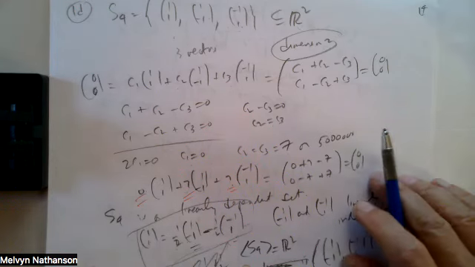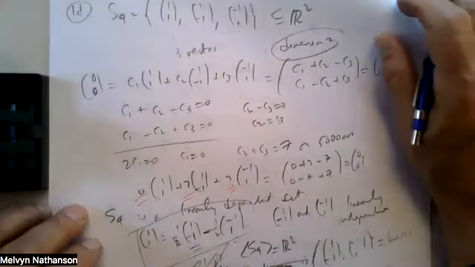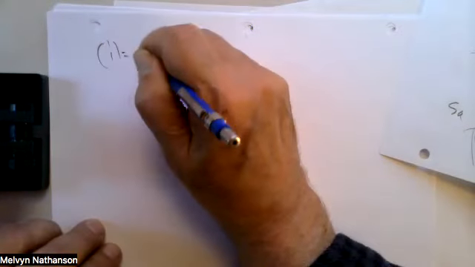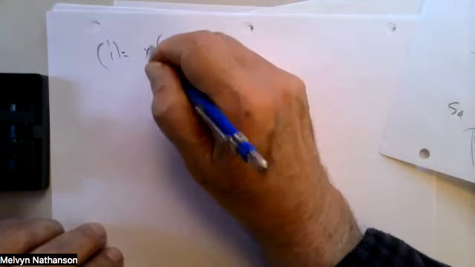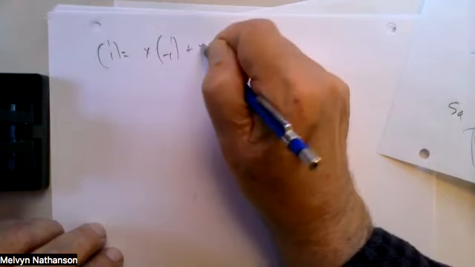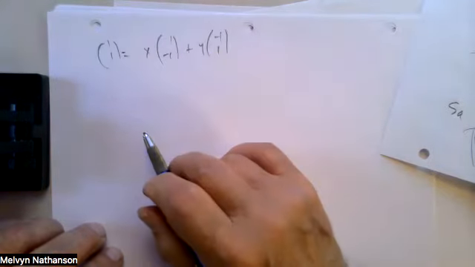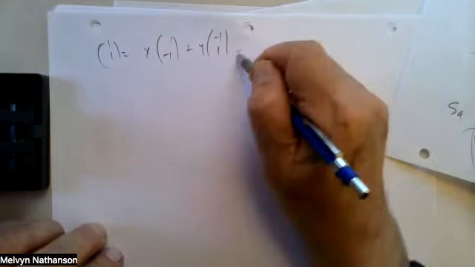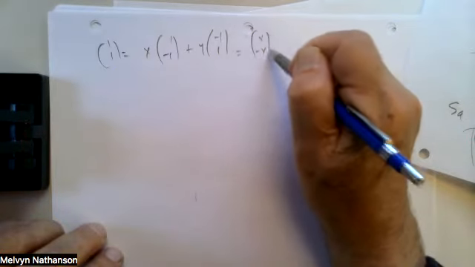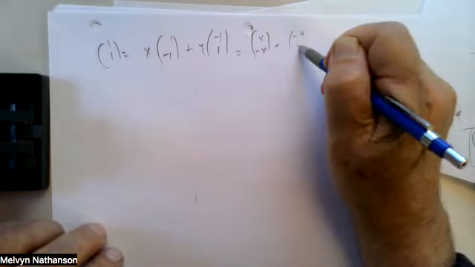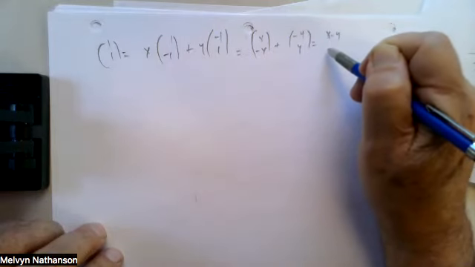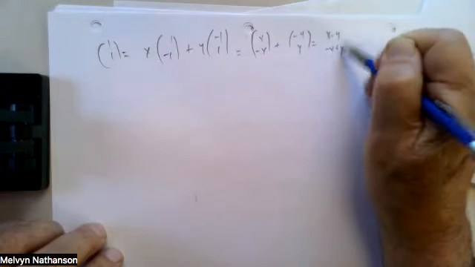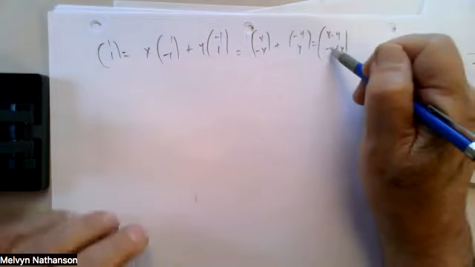But you could also do it as follows. Suppose you want to write (1, 1) as some linear combination of (1, -1) plus (-1, 1). So this is x(1, -1) plus y(-1, 1), which is (x - y, -x + y).